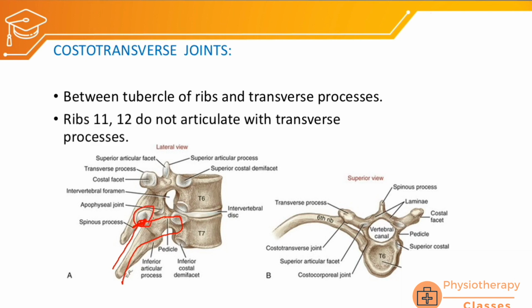Ribs 11 and 12 don't have this joint because ribs 11 and 12 are floating ribs, and there is no costal facet on the transverse process of T11 and T12 vertebrae.